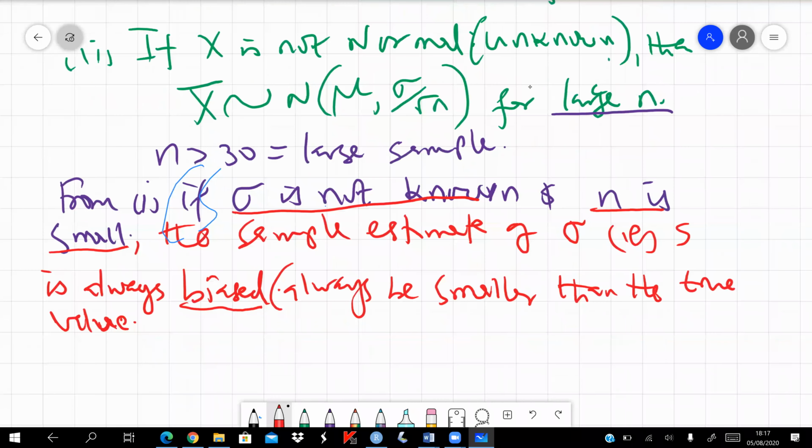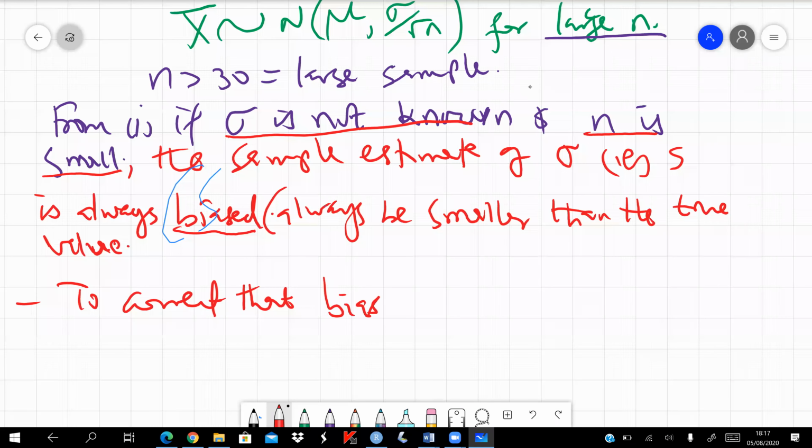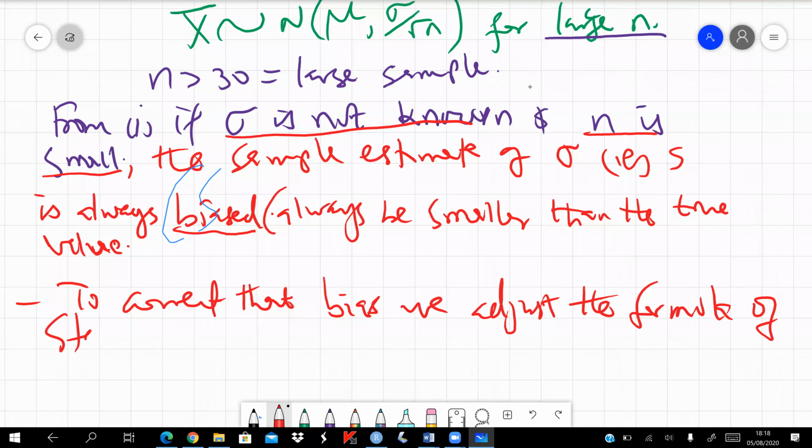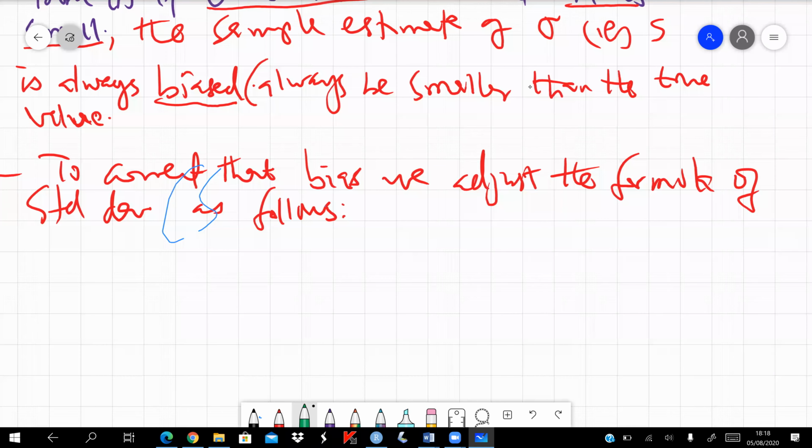Okay, so now to correct that bias, we adjust the formula of standard deviation as follows. I hope you remember standard deviation from a sample.